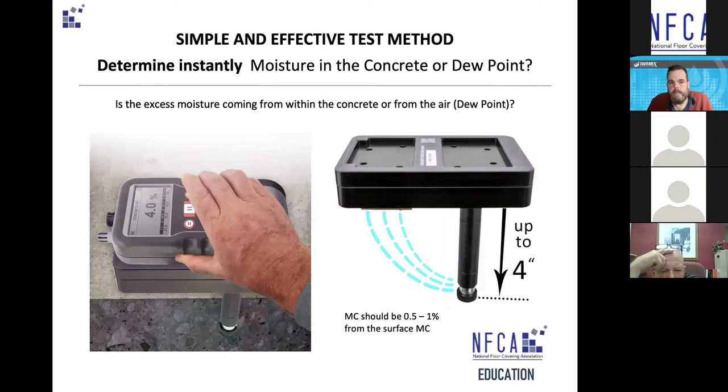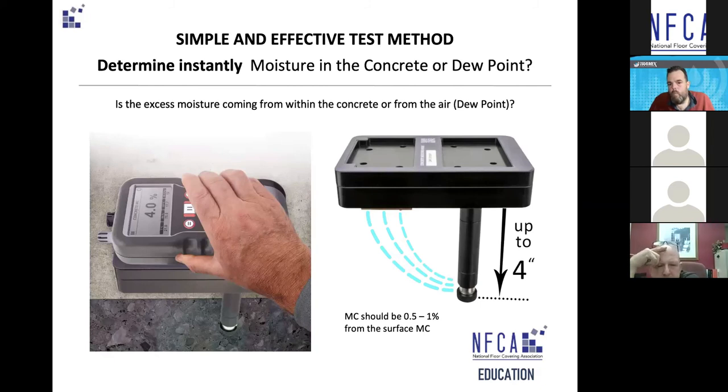Is it moisture that's coming up from the concrete that is going to build up over time? Or is it moisture coming from the air into the concrete, in which case you need to possibly correct the ambient conditions by either dehumidifier or heat or air movement or whatever combination works to get the right conditions.